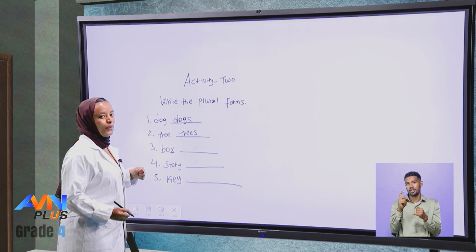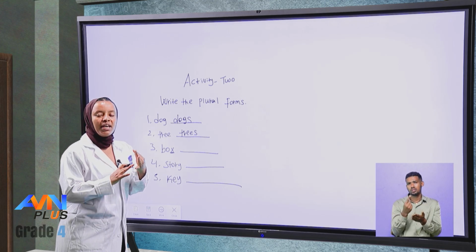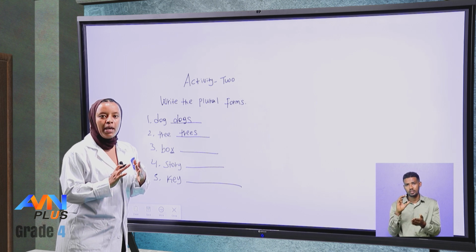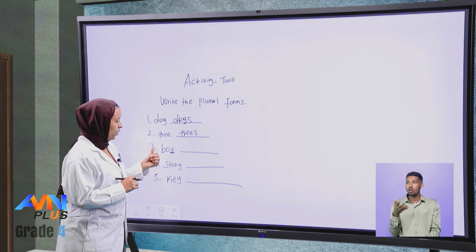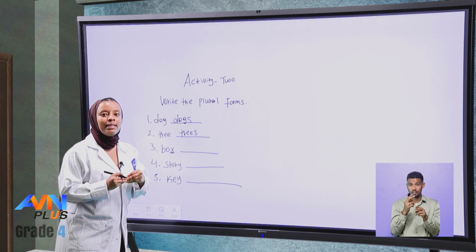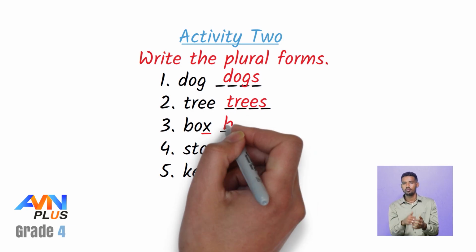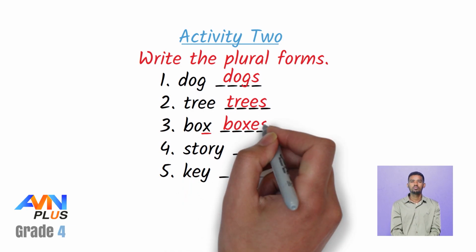Third one, box, ending with what? X. So when some nouns end with sh, ch, s, z, also x, we add es at the end of these nouns. Here is box, boxes.